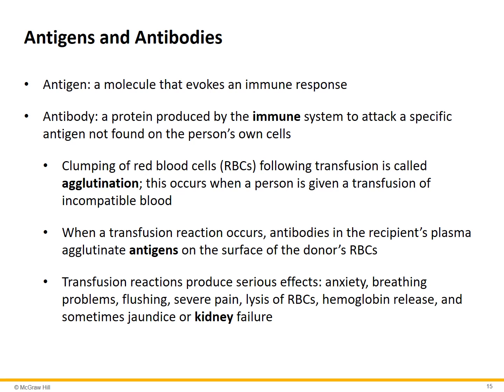All right, so what an antibody is, right, and antibodies are produced by your lymphocytes, but these are proteins that attack a specific antigen. So it's like one-on-one combat. And an antibody is only specific to one antigen.